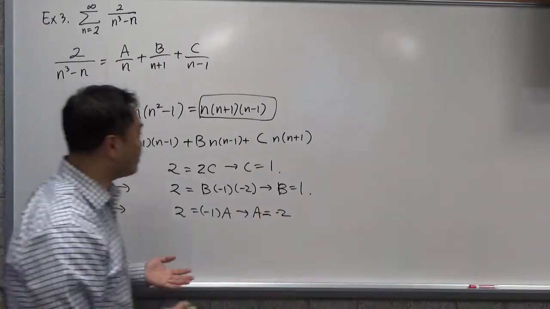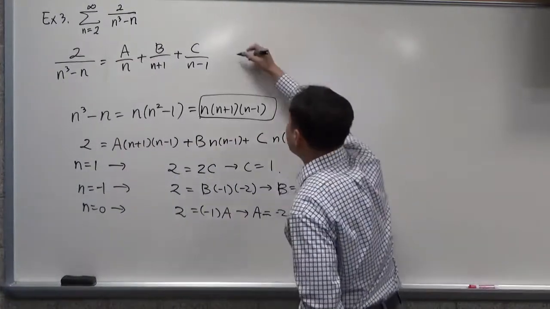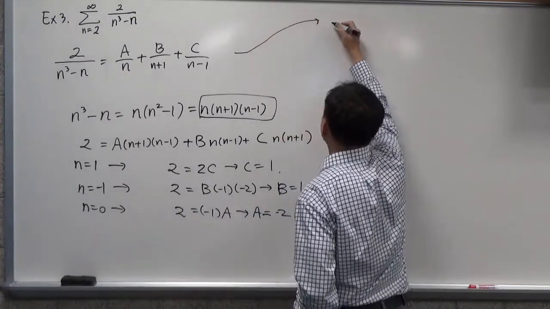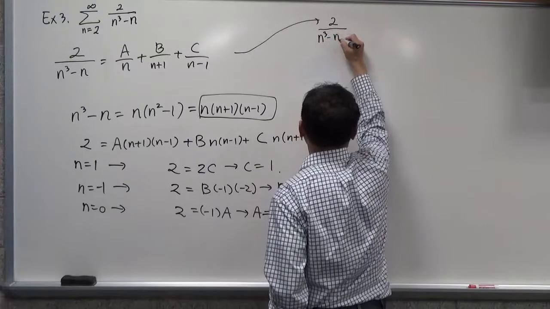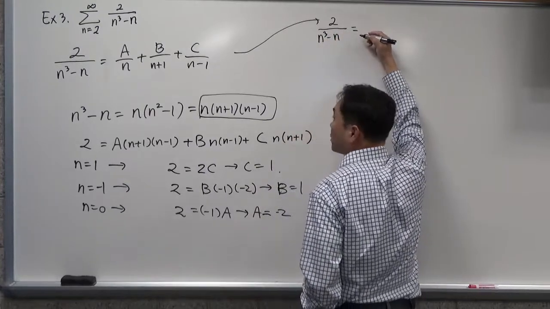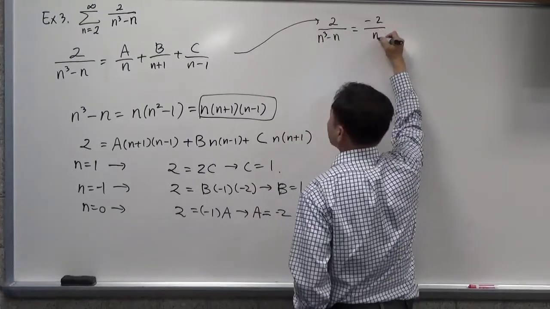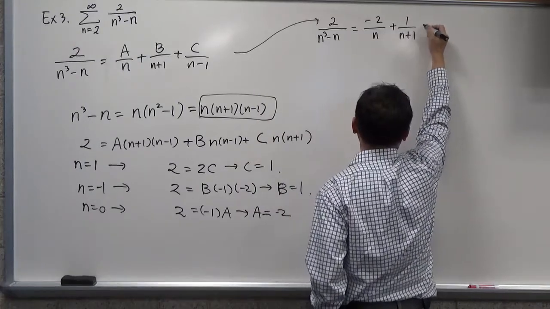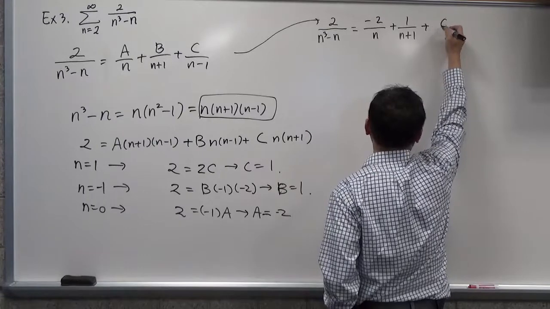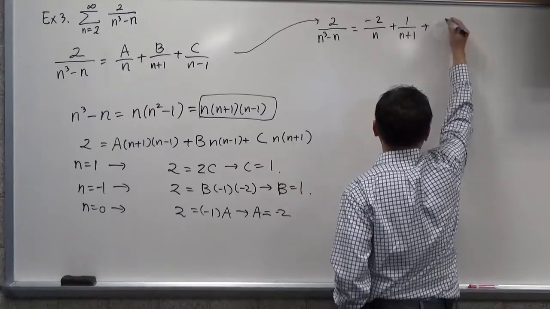All right, so let's see what that means. This identity says you have 2 over n cubed minus n equals negative 2 over n plus 1 over n plus 1 over n minus 1.